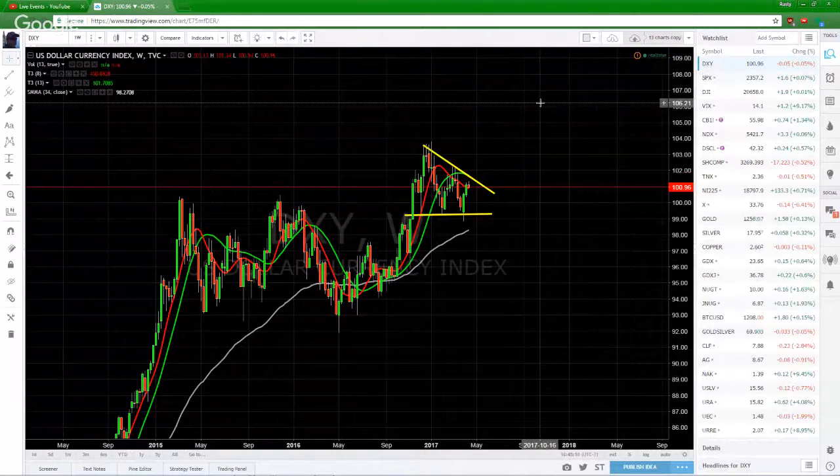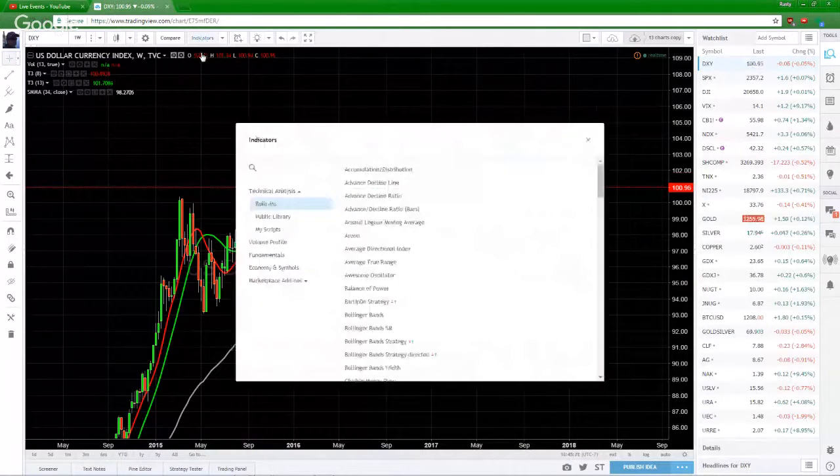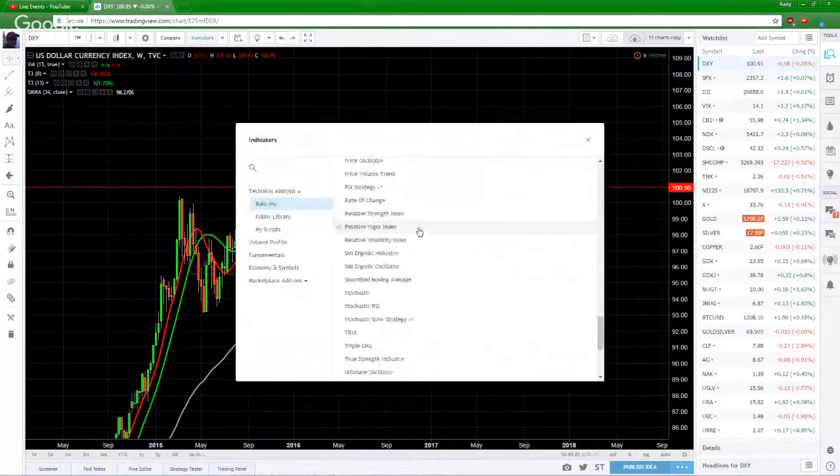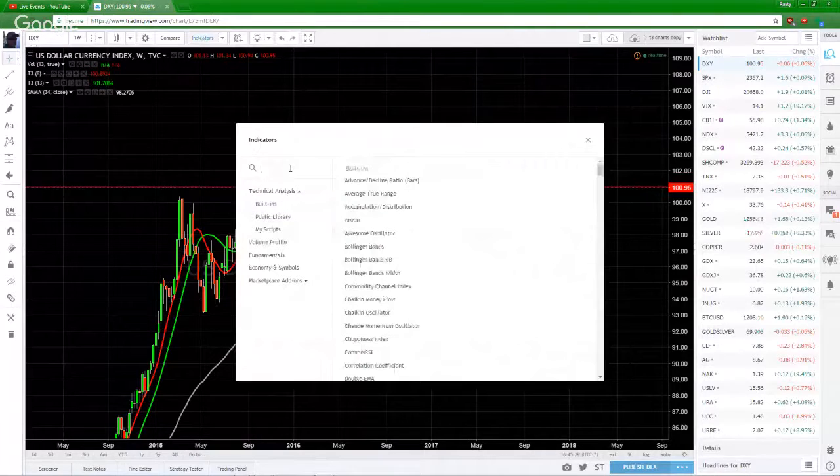I think they're very nice charts, and you can go in and find specialty indicators. I am using the T3s, which Tim Tilson, who created the T3s, is not a trader. He is a mathematician.